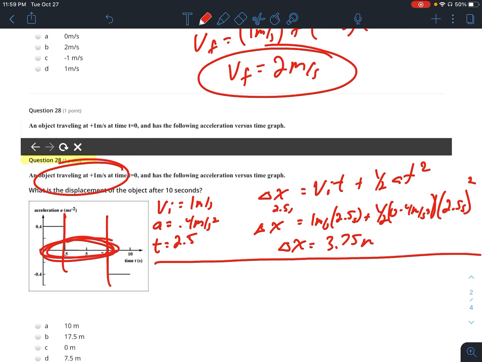During this middle segment, we're moving at a constant velocity. We know that because our acceleration is 0. So the equation that we're going to use is simply the first part of this equation, where our VI is our constant.